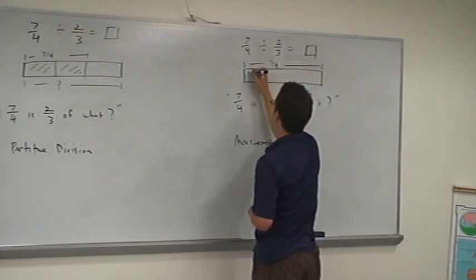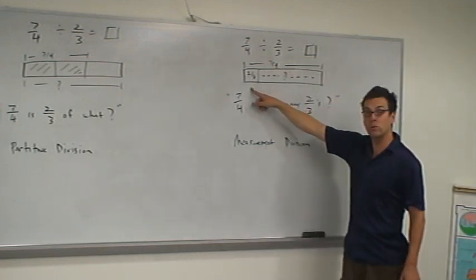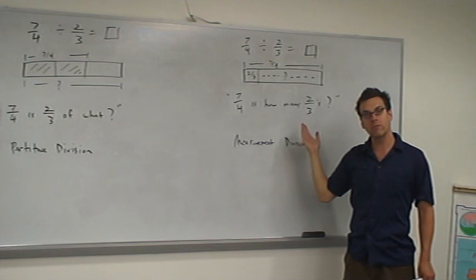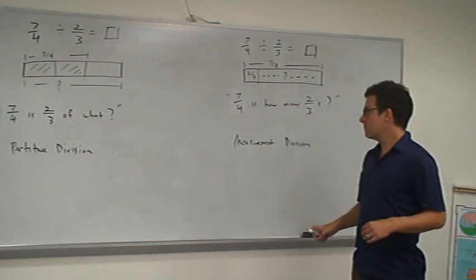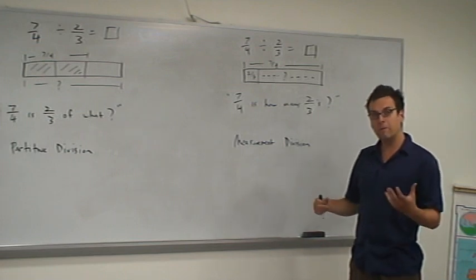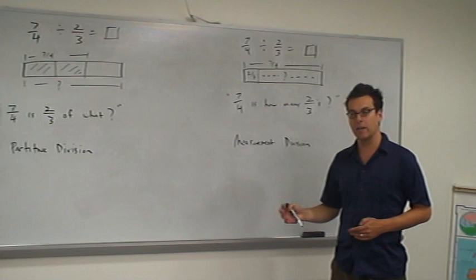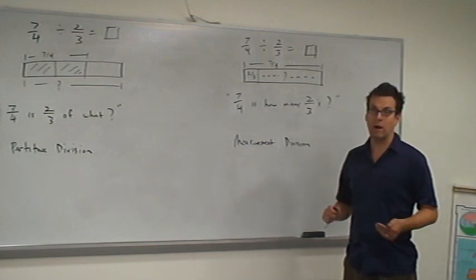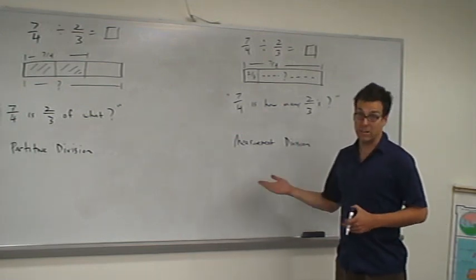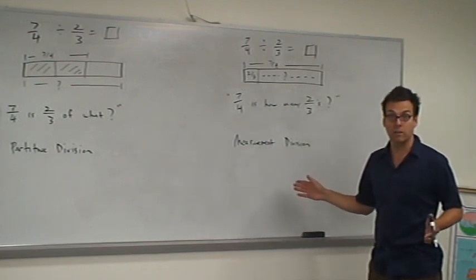One piece of it is going to be 2/3, and the answer to the question is how many 2/3 make 7/4, right? So partitive and measurement interpretations are very powerful. Simply by understanding what a bar diagram and an interpretive question would look like, we can get information not only about whole number division, but fraction division as well. And fraction division is one of the more difficult topics in the entire elementary school curriculum.